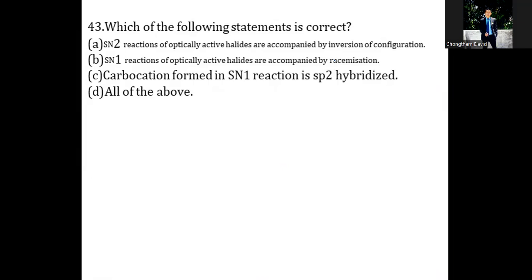In SN1 reaction, the carbocation formed in the rate determining step, that is RDS, or you can say the slow step, is sp2 hybridized, which is achiral in nature. So SN2 reaction of optically active alkyl halides by inversion, correct. SN1 reaction accompanied by racemization, correct. Carbocation formed is sp2 hybridized, correct. So all are correct. D is the answer.